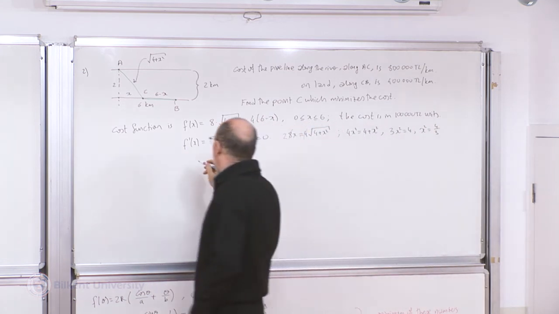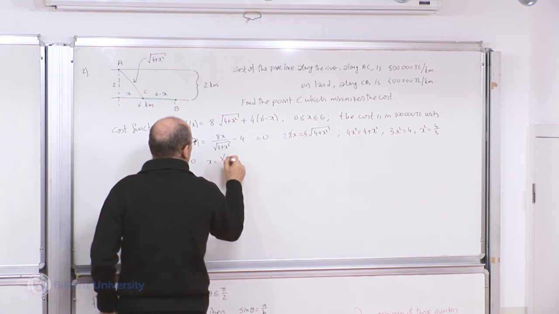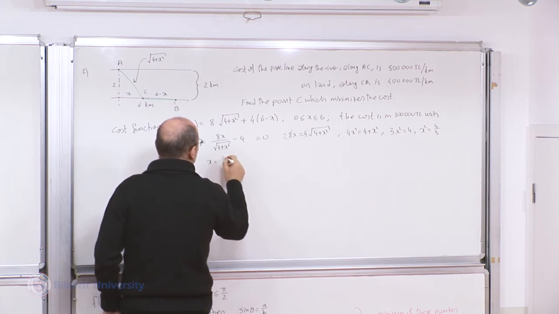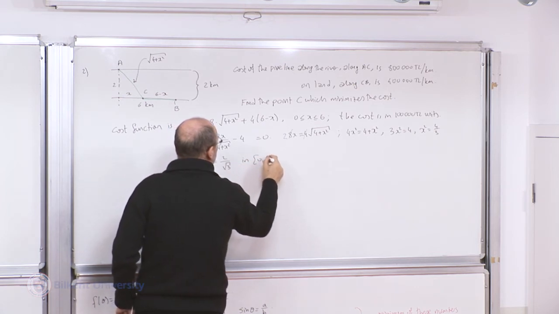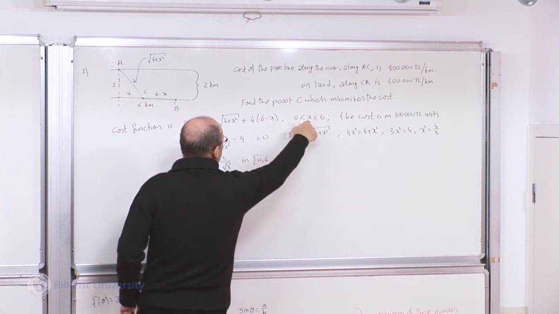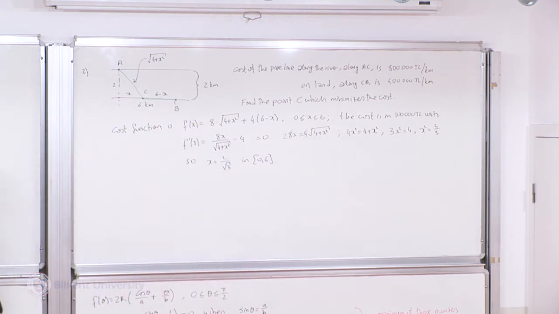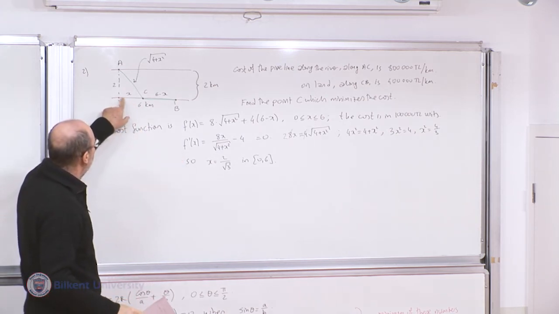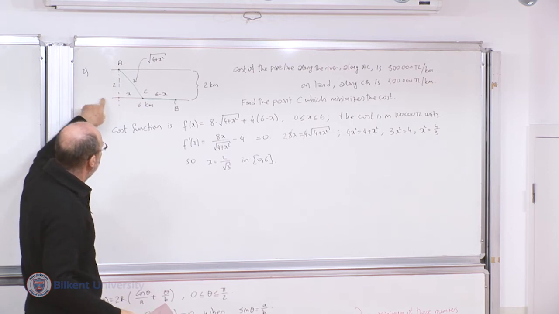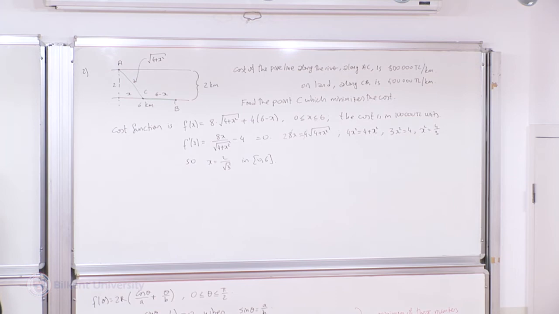So x is equal to 2 over square root 3, in the range 0 to 6. The other square root is negative, but it's outside. That other solution would tell me to go from A in the other direction and then come back, so it's probably an inflection point.